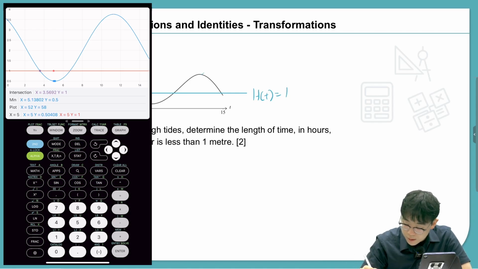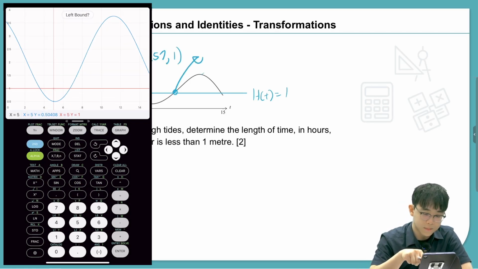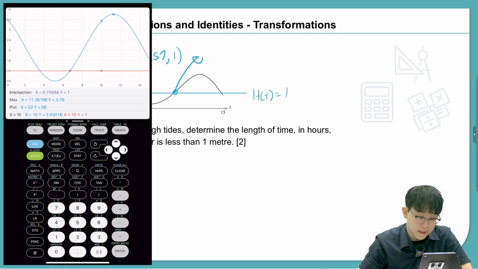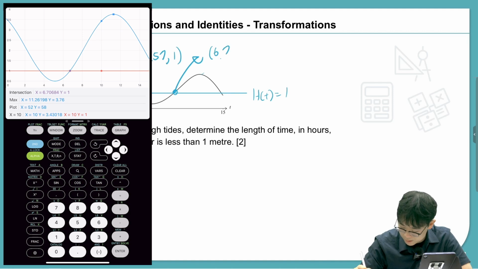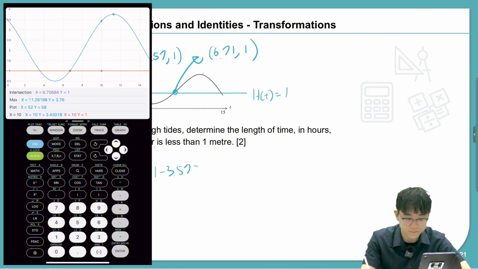So when we have 3.57 hours, the height is 1, and the second intersection happens when the time is 6.71. So we get 6.71 and 1 meter. So the length of time would be 6.71 minus 3.57.